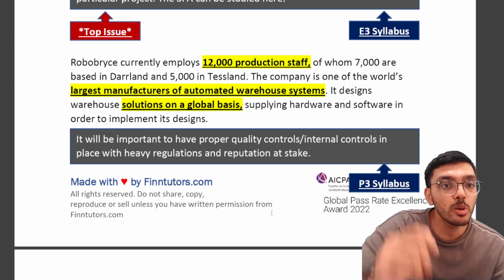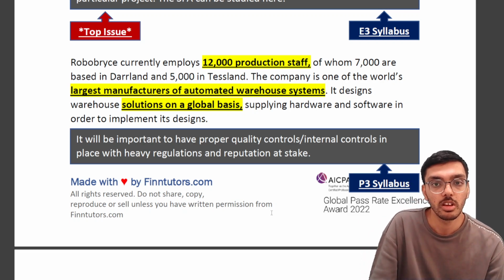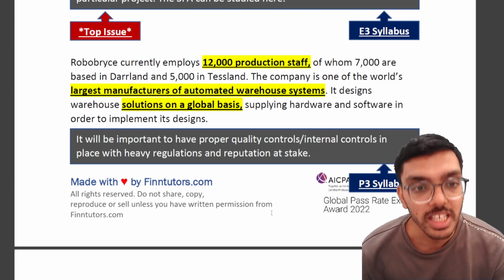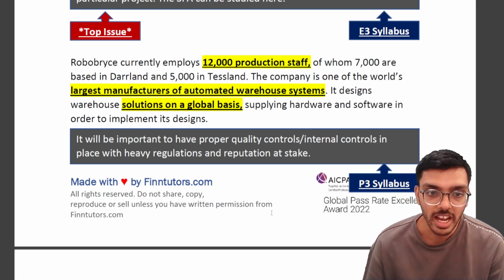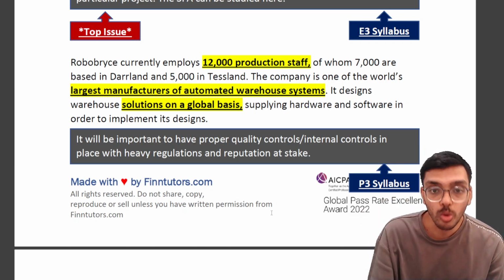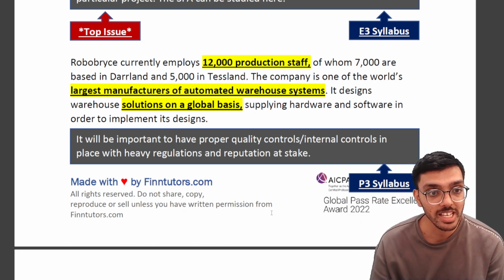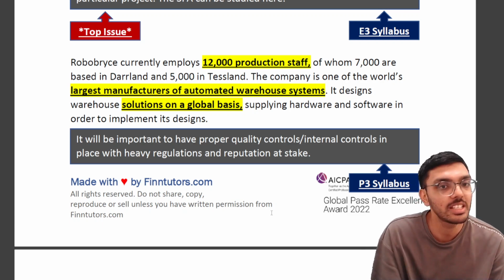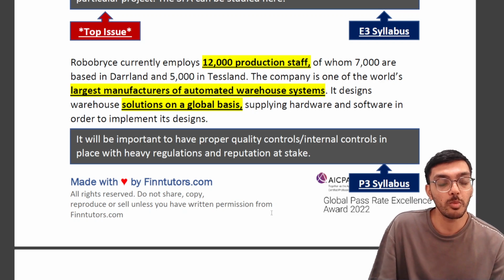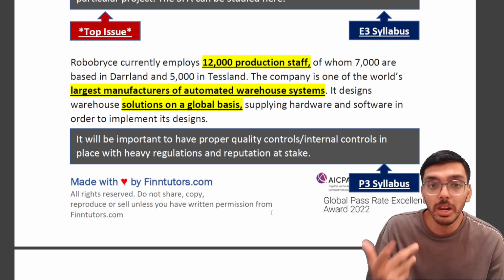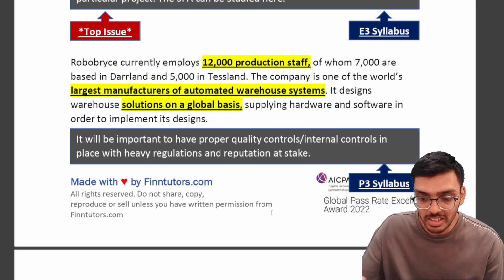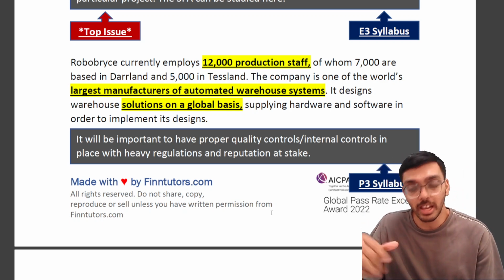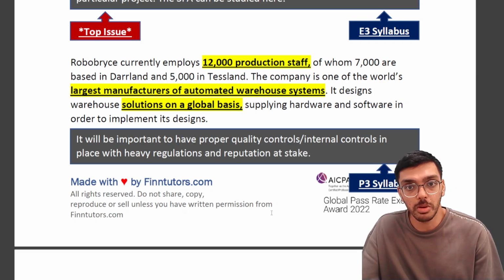It designs warehouse solutions on a global basis, supplying hardware and software in order to implement its designs. Again, my internal controls and quality controls will have to be in place due to heavy regulations and reputation at stake, because we are designing warehouse solutions on a global basis, not only for Tesland customers, for Darland customers as well, for customers in nearby countries or on the globe as well.